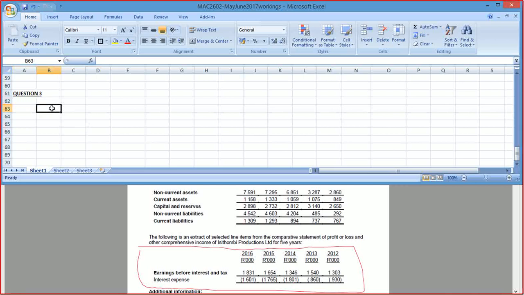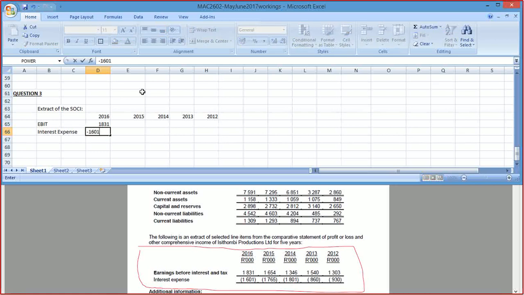First, you need to draw it up. So extract of the statement of comprehensive income. How many years? 2016, 15, 14, 13, 12. I've got EBIT, and I've got interest expense. So we need to write in those figures. 1831, negative 1601.